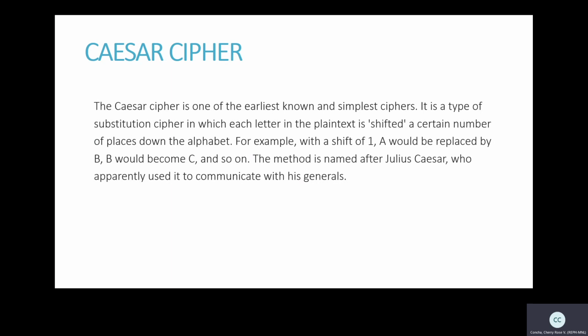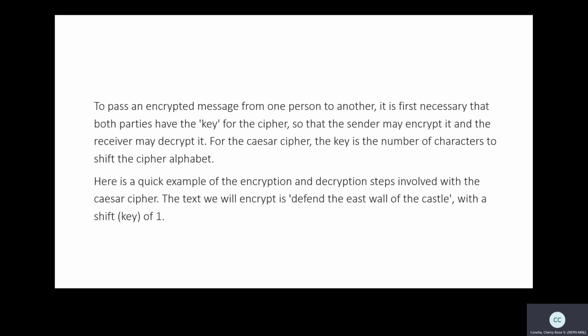The method is named after Julius Caesar, who apparently used it to communicate with his generals. To pass an encrypted message from one person to another, it is first necessary that both parties have the key for the cipher, so that the sender may encrypt it and the receiver may decrypt it.